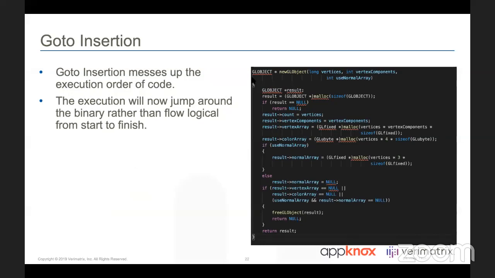One of the most effective means we find for control flow obfuscation is called go-to insertion. With go-to insertion, you're messing up the execution order. You're taking code which is logically laid out, so if you looked at the binary, you would be logically following the instructions one step after the other. Nice, neat, tidy code, easy to follow, easy to understand the flow.